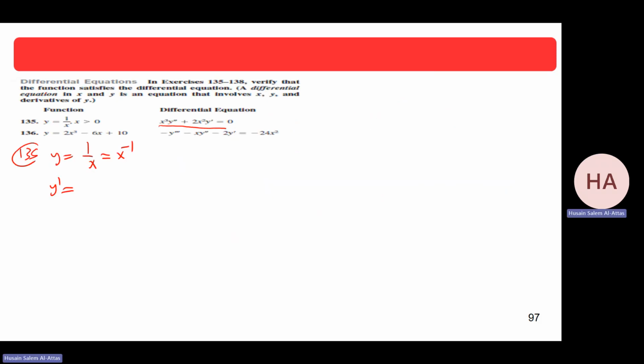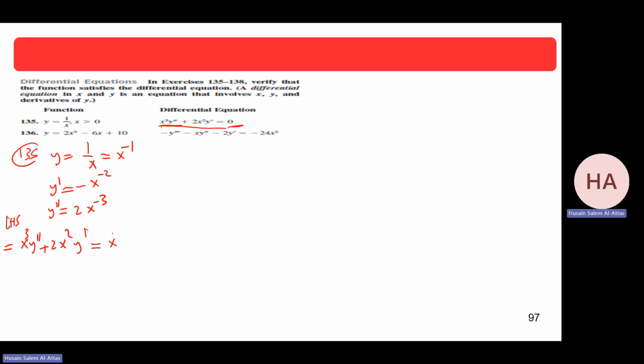So I'll find y prime. It will be minus x to the minus 2, y double prime 2x to the minus 3. I want to plug it here. I want to check x cubed times y second derivative plus 2x squared times y prime. This is the left-hand side. I want to check the left-hand side equals the right-hand side. So do the calculation.